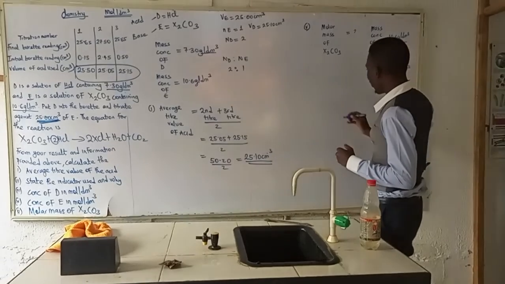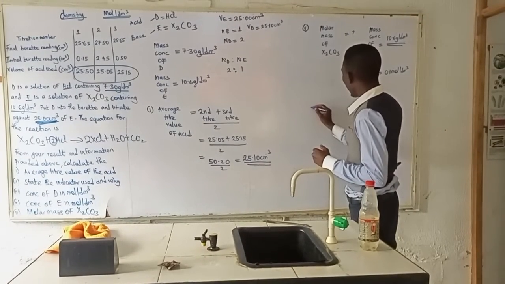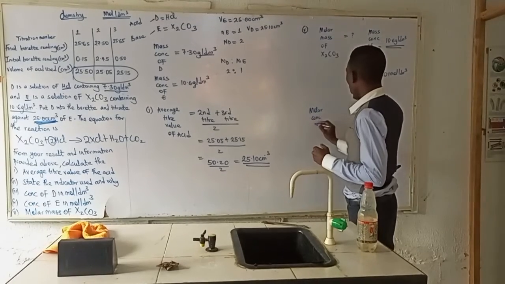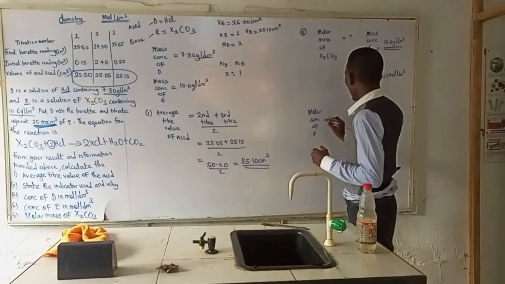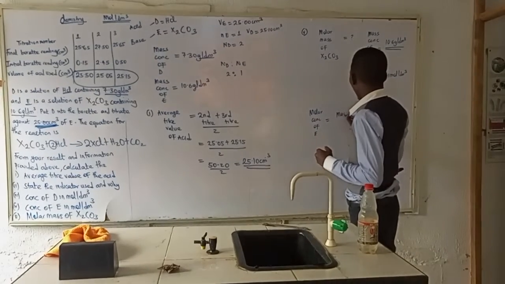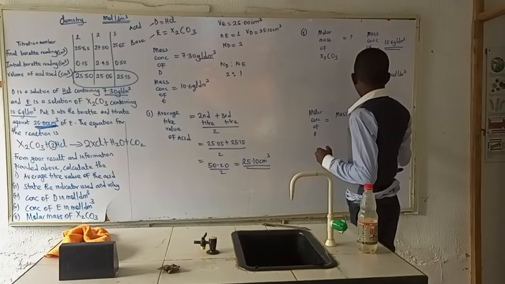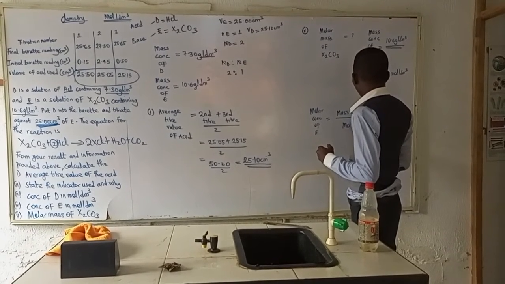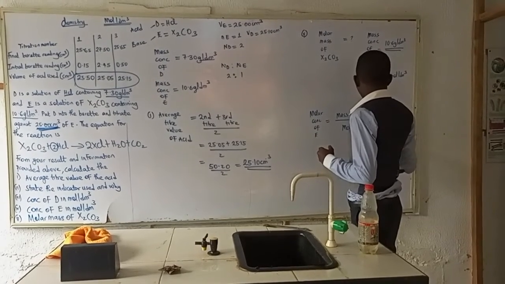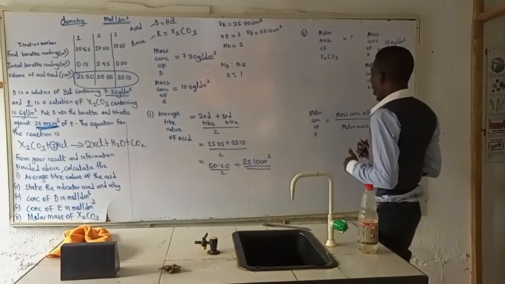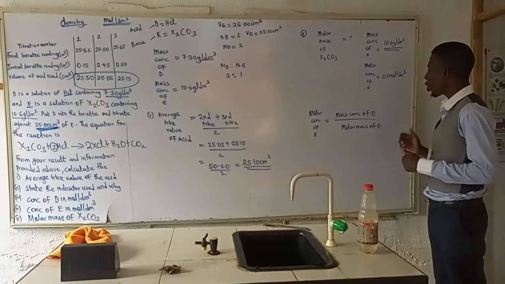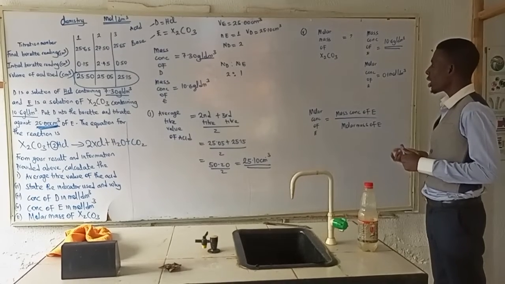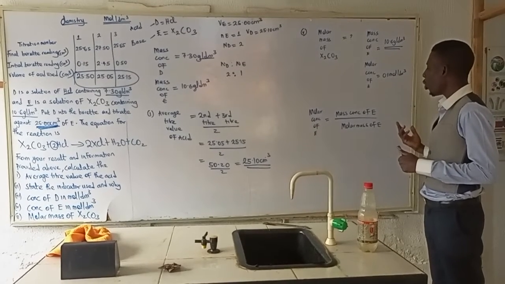And remember that molar concentration of E is equal to mass concentration of E over molar mass of E. Since I have two known, I'm just looking for the molar mass.